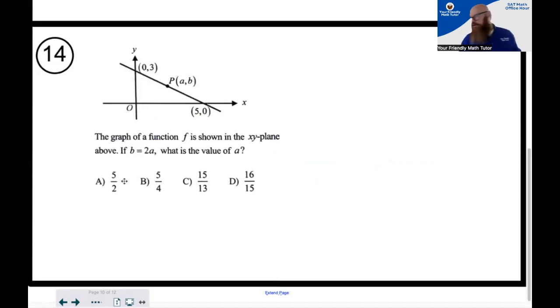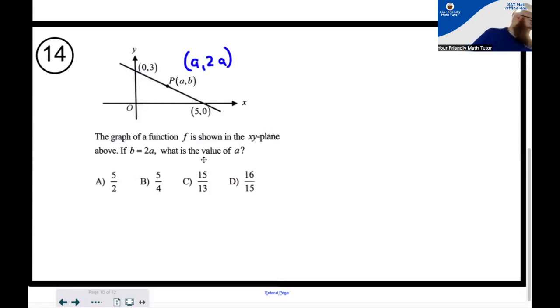Okay, now to number 14. What's the value of a if b equals 2a? So the first thing I would do is think of this point. If we want a, this is (a, 2a). Hmm.